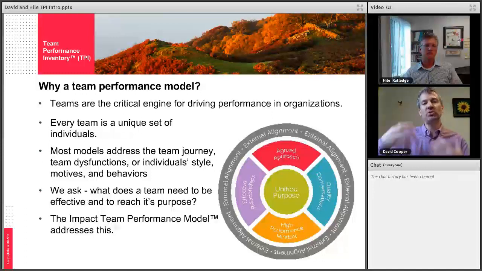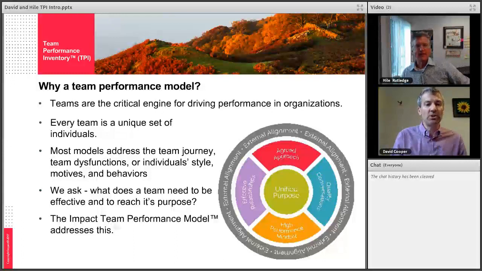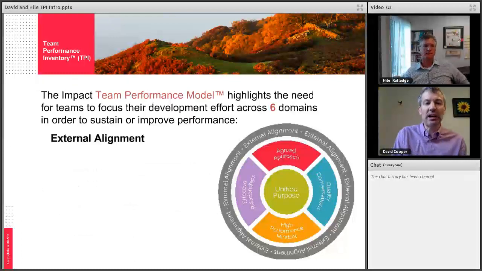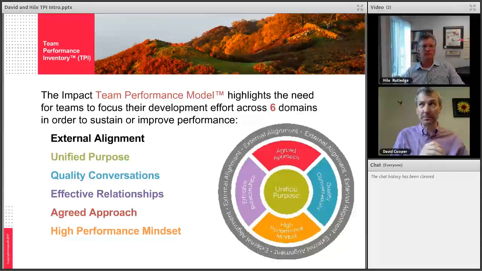Insert your history with teams and your own frameworks and models for teams here, and you're going to see them in the team performance model, as well as the addition of and the support of the research and testing that has come behind, really offering again this common language tool for identifying those 6 critical domains, which look like this: external alignment, unified purpose, quality conversations, effective relationships, agreed approach, and high performance mindset. And we've been quite intentional about the language that we use for these domains and what underpins those domains.